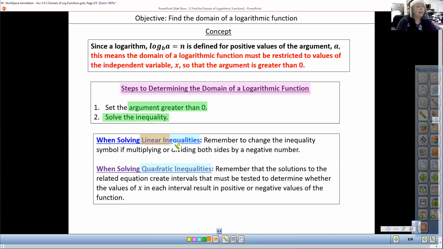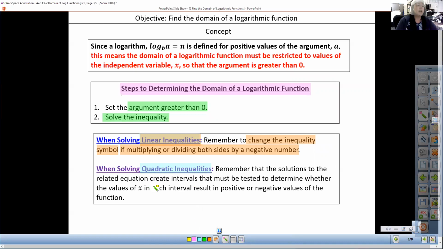If we are solving a linear inequality, we will use our basic undoing algebra, that's the reverse order of operations, with the exception that if we, in our algebra, have to multiply or divide both sides by a negative number, then we must change that inequality symbol from greater than to less than.